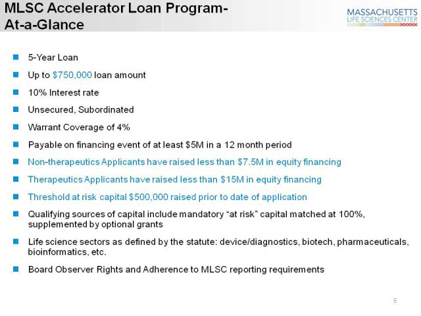We have a warrant coverage expectation of 4%, and the 5-year loan enables you to use the money for operating capital. The one exception is that we do require you to pay back the loan early if you have had a financing event of $5 million or more within a 12-month period.